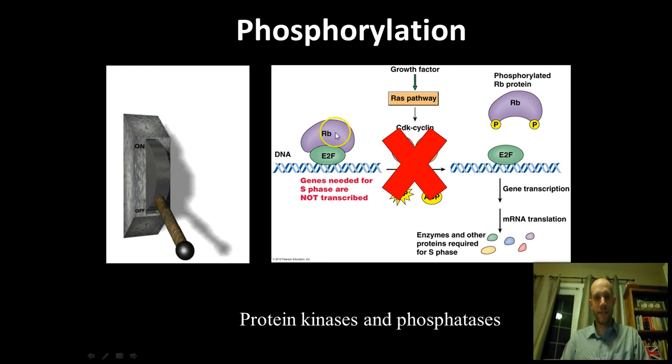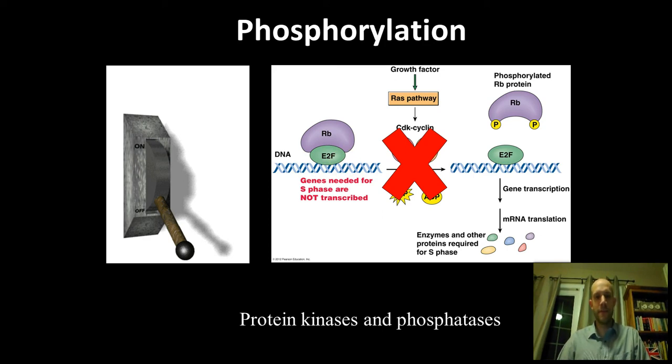This RB protein here is preventing this E2F transcription factor from reading the DNA. You'll learn more about how transcription is controlled in a later session. But it's important to understand here, this is not allowing this to work. So transcription of the genes specifically needed for S phase is not working.